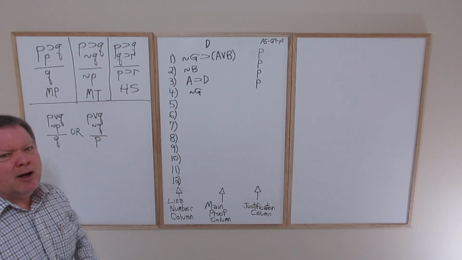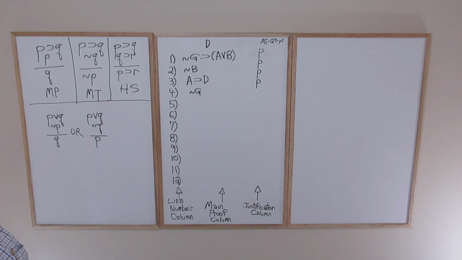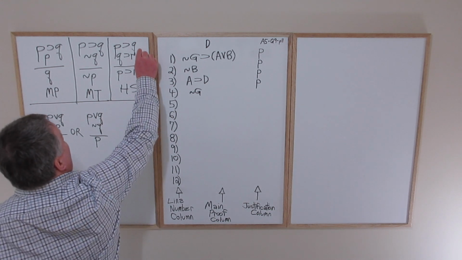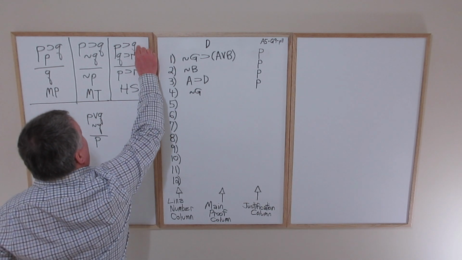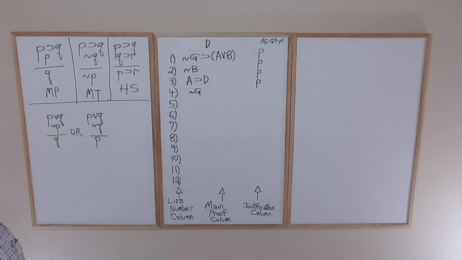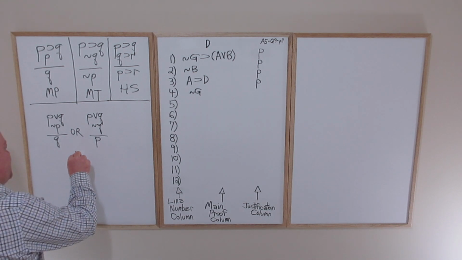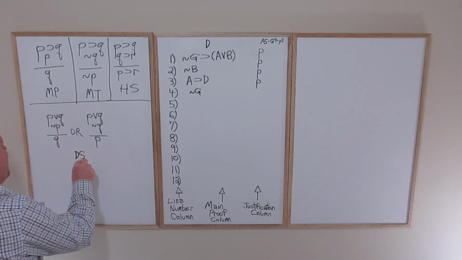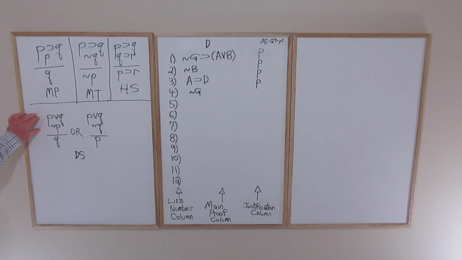With hypothetical syllogism, we've got two conditionals where the consequent of one of them is identical to the antecedent of the other one. Finally, with disjunctive syllogism, we've got some disjunction and one of the disjuncts with a tilde in front of it.